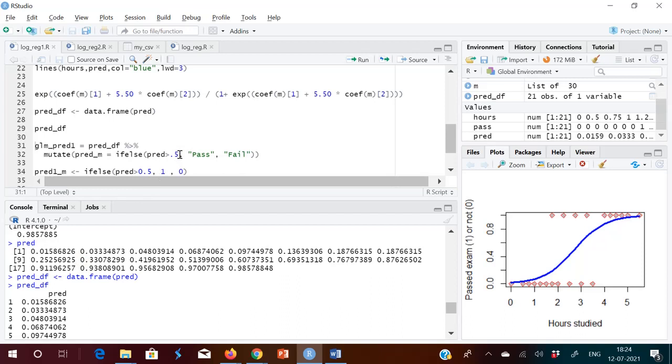Now I'm going to use the mutate command, which is for combining columns or variables. You can see the help for mutate.